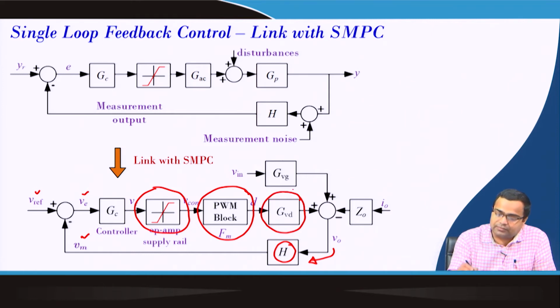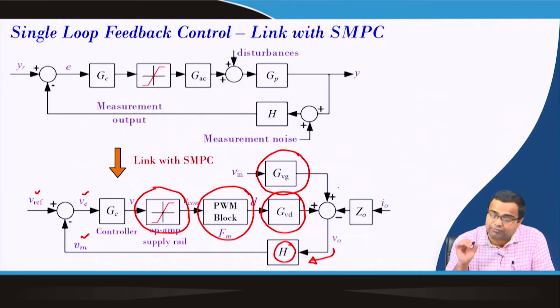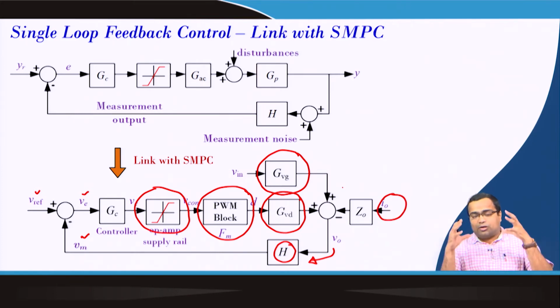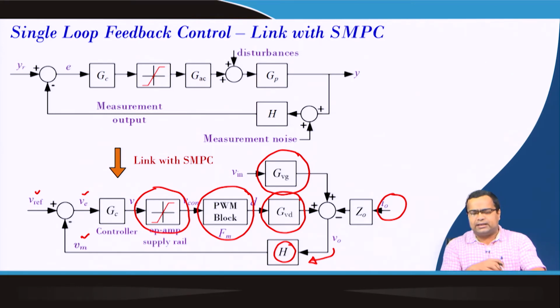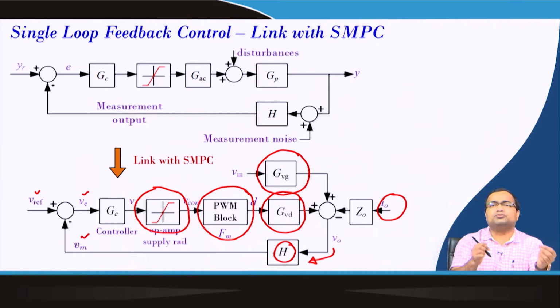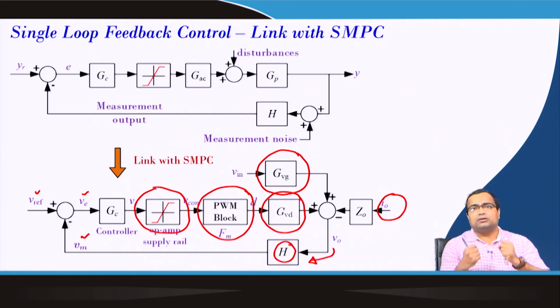Then there can be disturbance in the input voltage which can affect the output voltage. There can be disturbance in the load current which can affect it through the output impedance. All these add up to generate the output voltage. So, any disturbance in input voltage, load current or duty ratio can cause disturbance in the output voltage, and that comes to the feedback loop, and then the feedback controller takes the action.